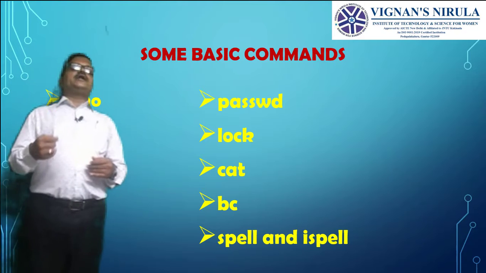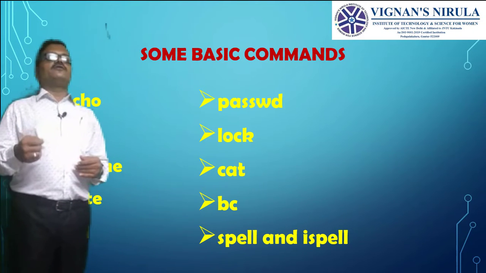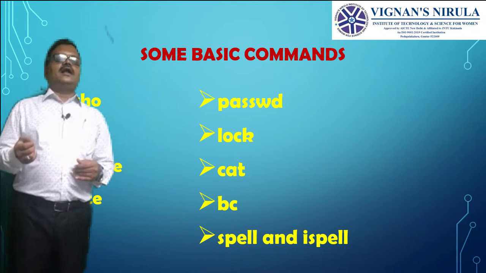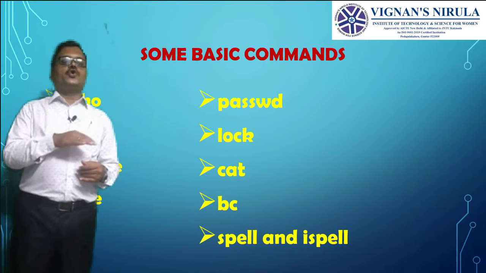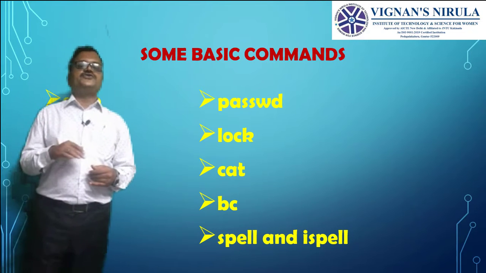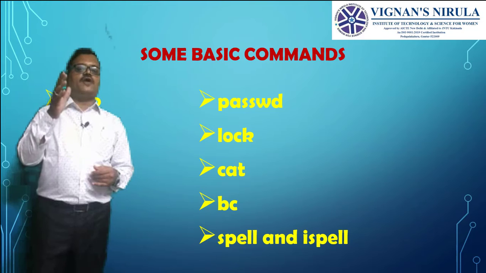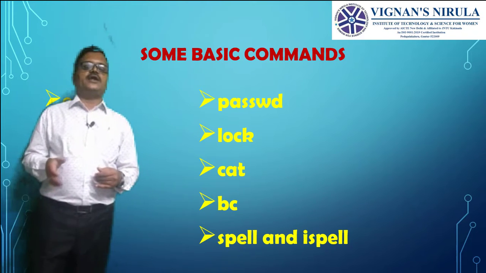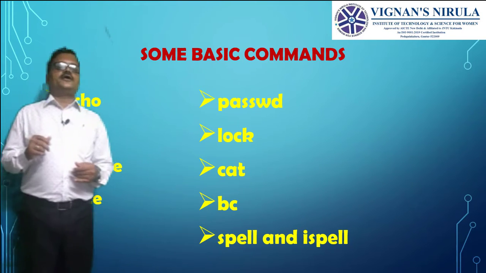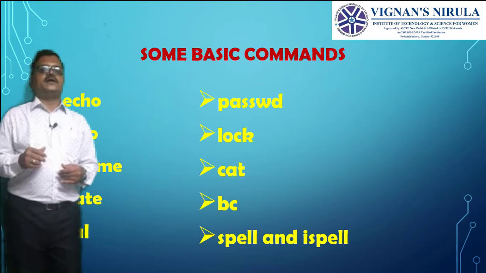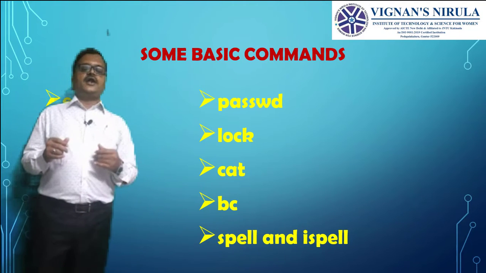If tput is given along with lines, the number of rows in the terminal gets printed. If tput is given along with cols, that is columns, the number of columns in the terminal gets printed. This is another important feature of the tput command.